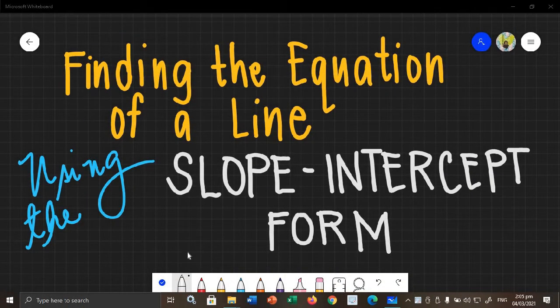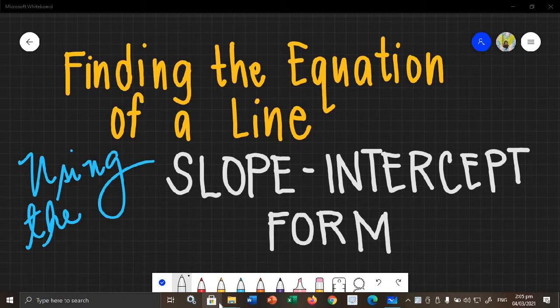Hi! For this video, we are going to talk about finding the equation of a line using the slope-intercept form. So, sa mga previous lesson natin, the given is the equation and you're going to look for the value of the slope and y-intercept. Now, babalik na rin natin siya. Paano naman kung slope yung given and yung y-intercept?